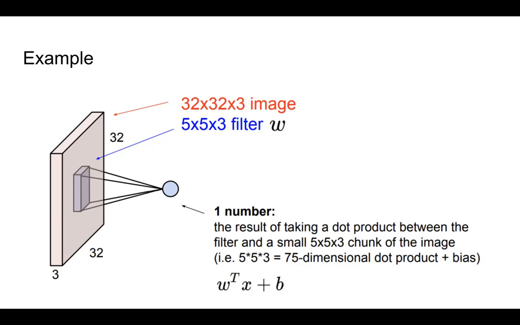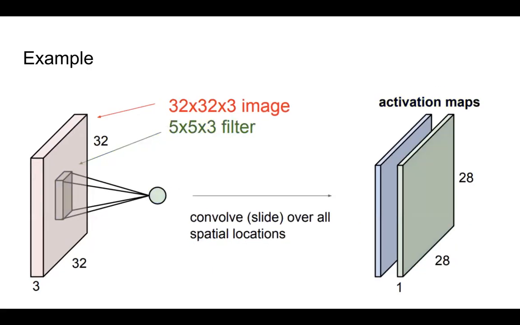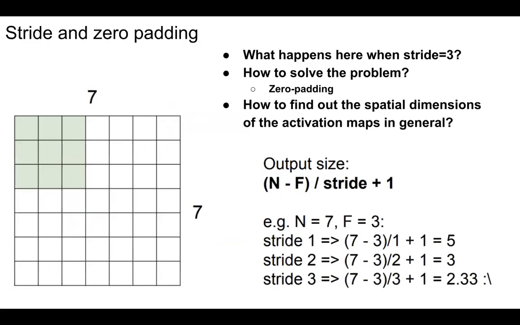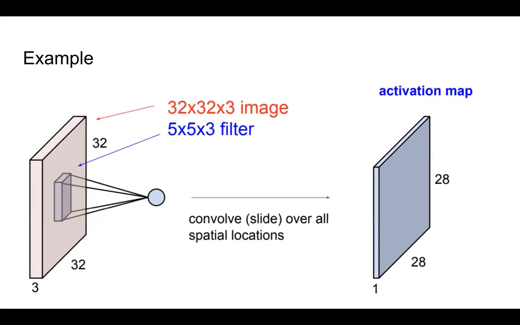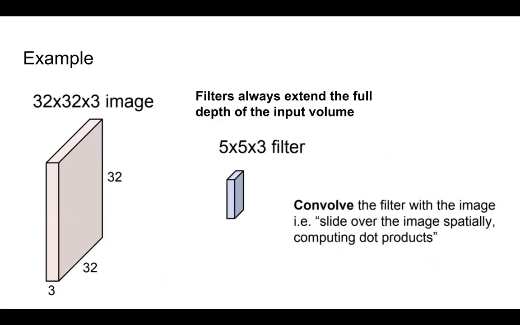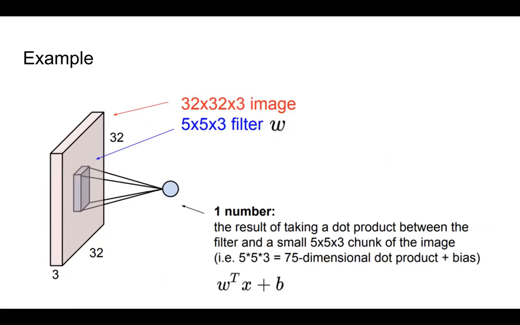Right, but my current understanding is that the 25 values of the filter are getting multiplied to the 25, 25, and 25. No, no, 75. See, in the filter there is a total of 75 values, not 25 values.